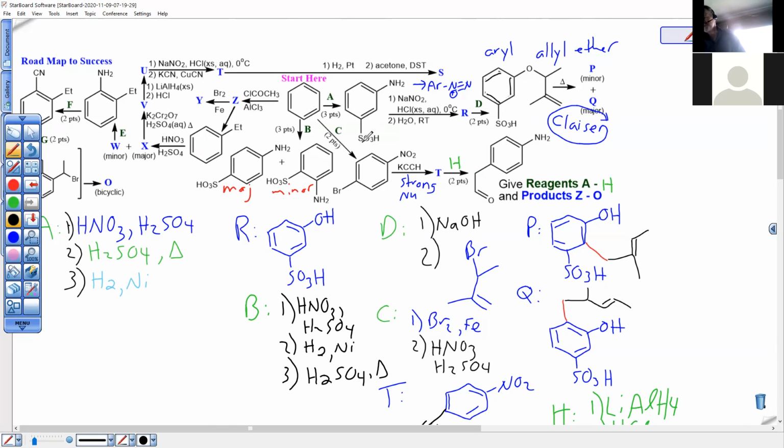There's my new group. There's my NO2 group after step 1. It's not an NO2 up here because here it was NO2 first, then the sulfonic acid, then make the NH2 from the NO2. Down here in sequence B, we put the nitro on, we reduced it to an NH2.